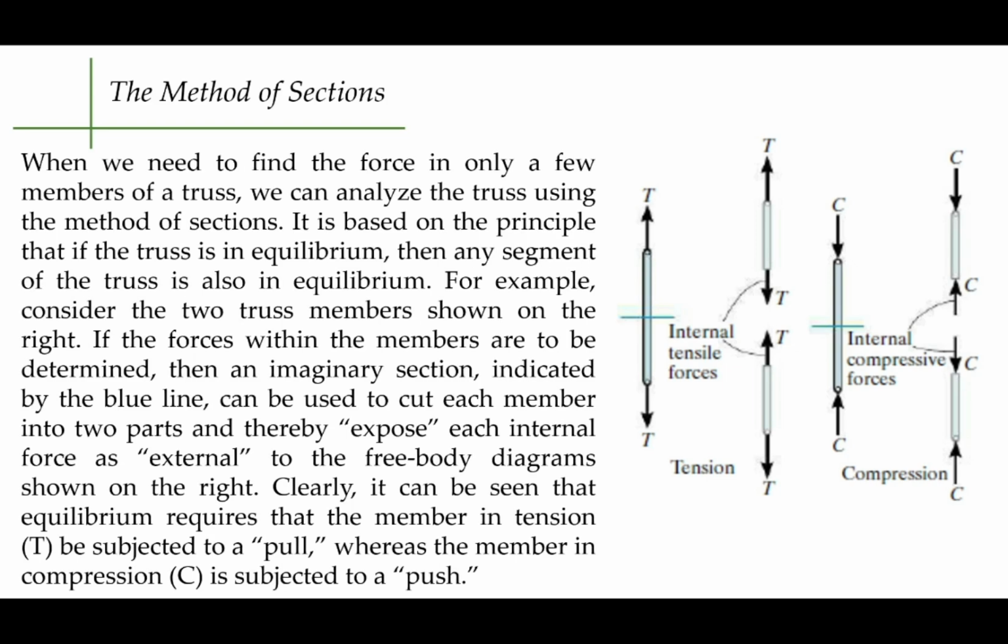Now, there are cases wherein we need to find a force in only a few members of a truss. We can analyze the truss using the method of sections. What we did in the method of joints is we did the equilibrium equations for every joint so that we can determine the forces that will manifest in each of the members.